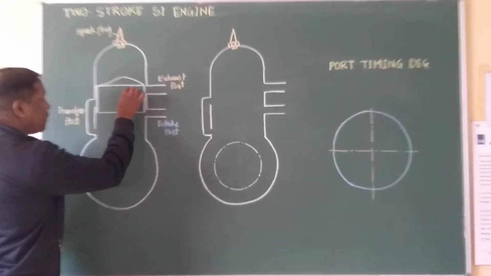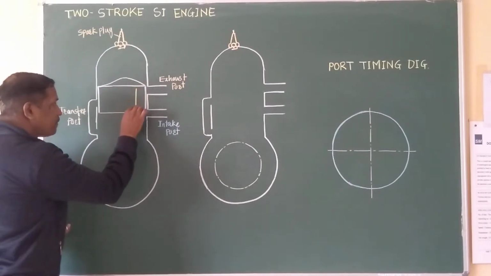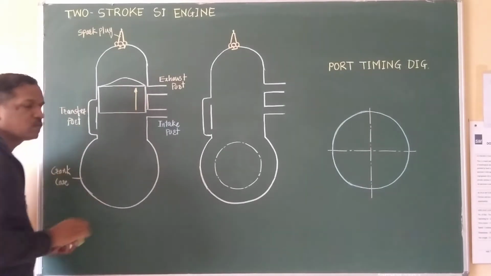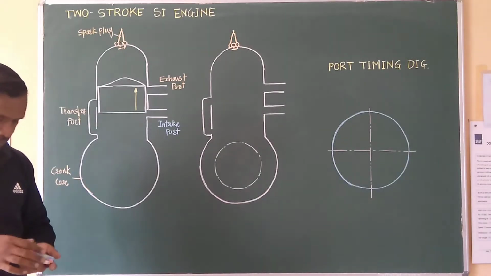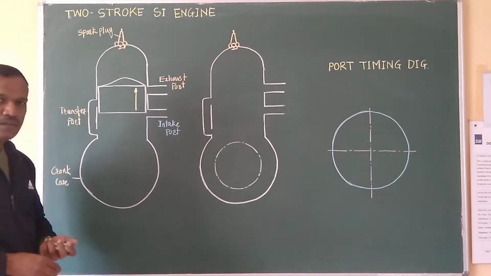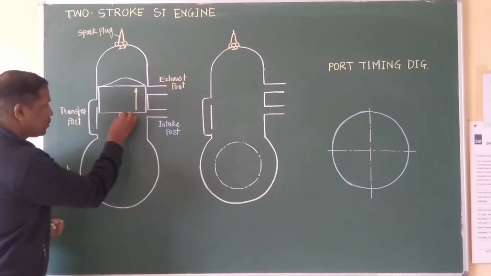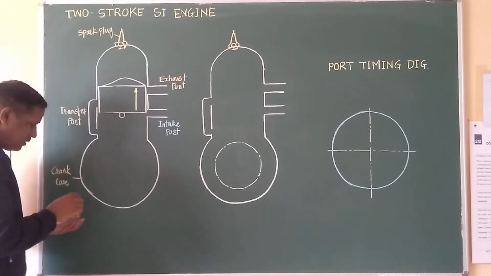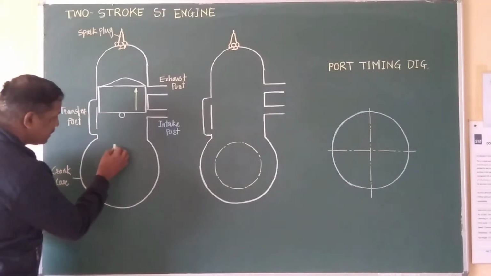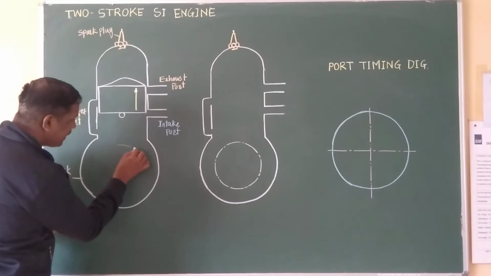So our piston position should be such that it shows 2 operations. In the first stroke the piston moves from bottom to top, so this is the piston movement, upward motion. This is called the upstroke.